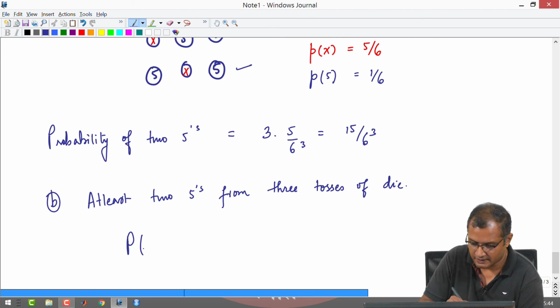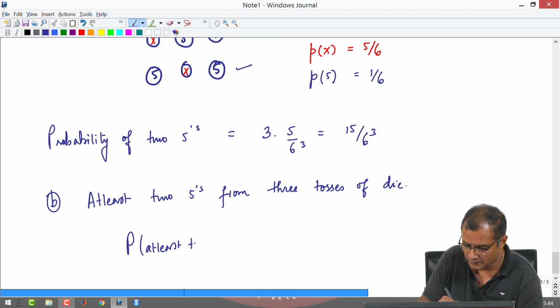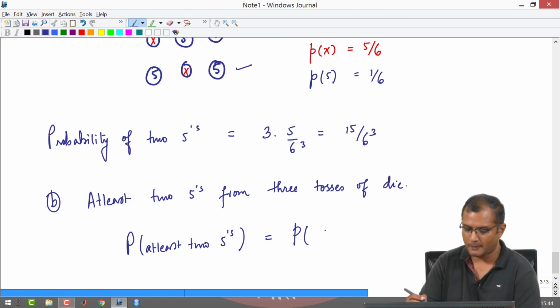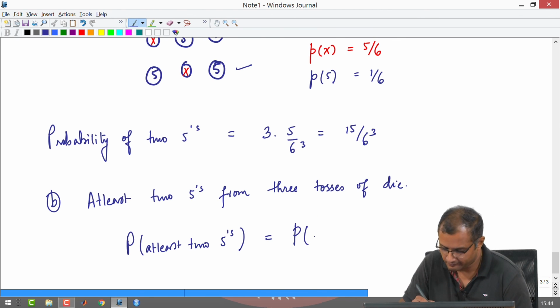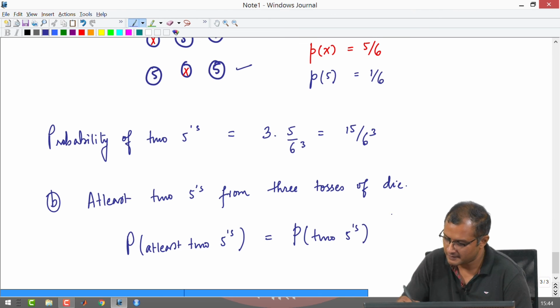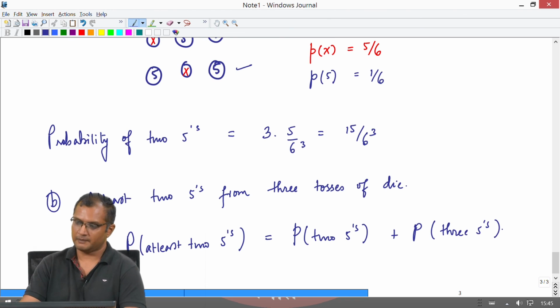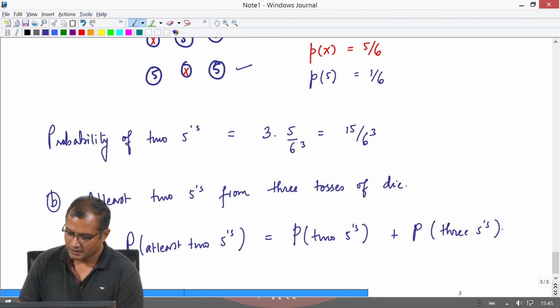Probability of getting at least 2 5s is equal to the probability of getting 2 5s plus the probability of getting 3 5s. That is the only two possibilities.